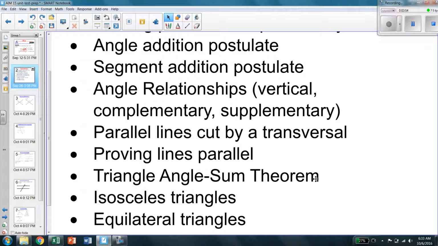Triangle angle sum theorem. All angles in a triangle add up to 180 degrees. Isosceles triangles have two congruent legs and two congruent base angles. And equilateral triangles, all the sides are the same length and all the angles are the same measurement, which always turns out to be 60 degrees.